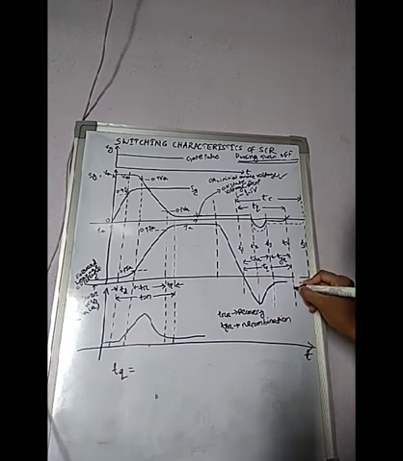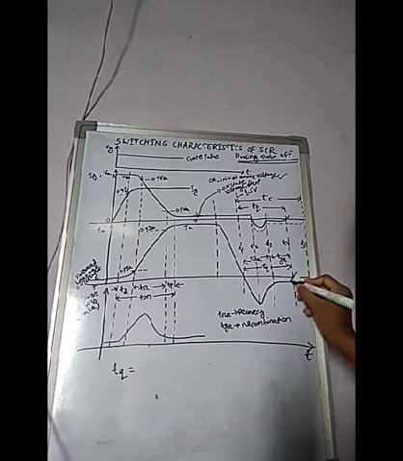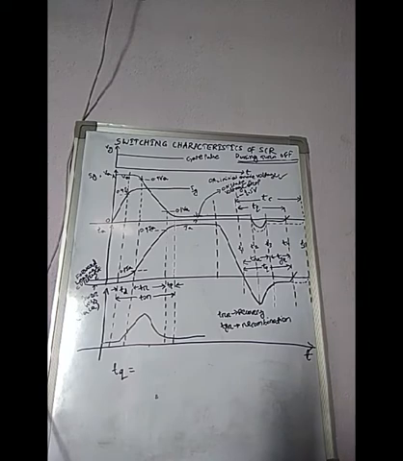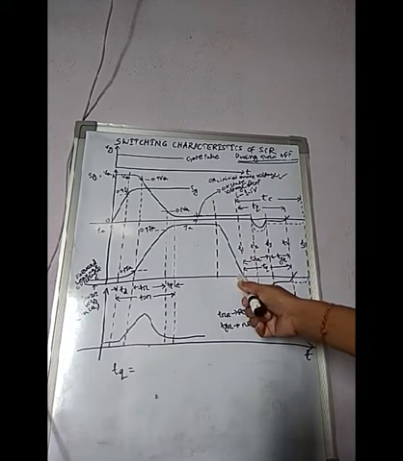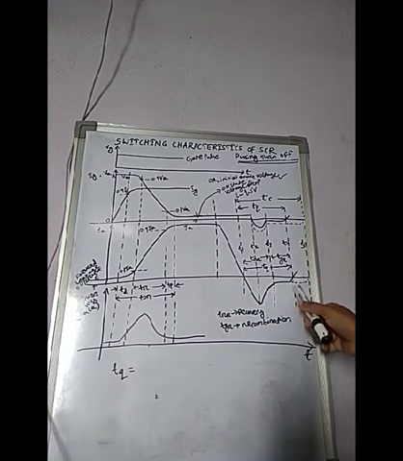So turn off time is defined as the time between the instant anode current becomes zero and the instant SCR regains its forward blocking capability.